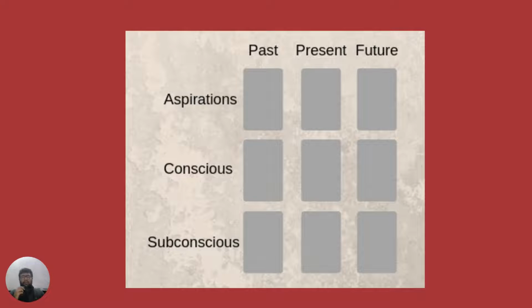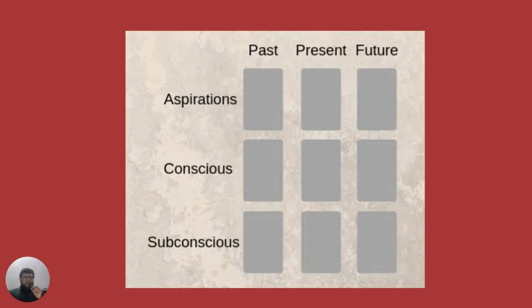Now we have the nine card spread. The nine card spread may seem complex, but actually it is not so complex. It goes deeper into the consciousness and the mind, the feelings and the emotions of that person.